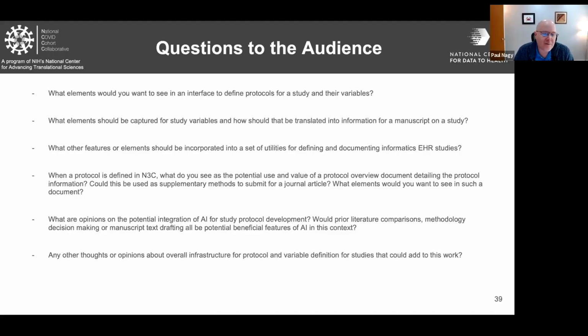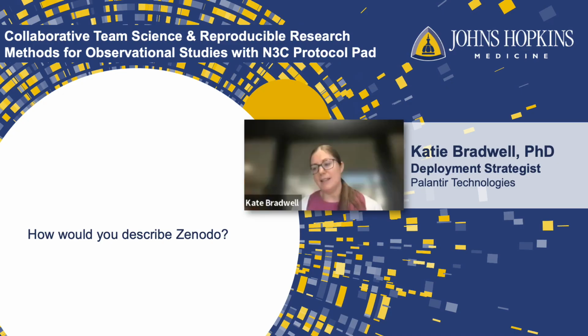Would you mind describing what Zenodo is for the audience, and what the DOI would be for something like that? This is an immutable definition that's attached to an ID from Zenodo, where, for example, a set of concepts in a concept set is attached to an ID, and therefore researchers know that if they refer to that Zenodo ID, that list of concepts was the one that was used in a study.